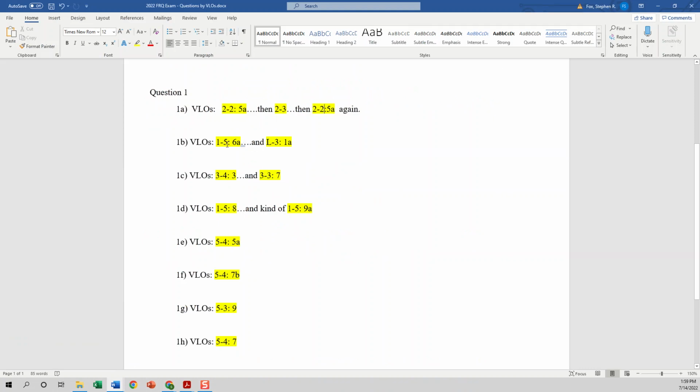So here, it's Unit 1, okay? It's Unit 1, and so 1-5-6A, but it's also a lab VLO. So I'll show you where the lab ones are. So this is lab 3, L-3, and it's 1A. So we'll see what that's about.